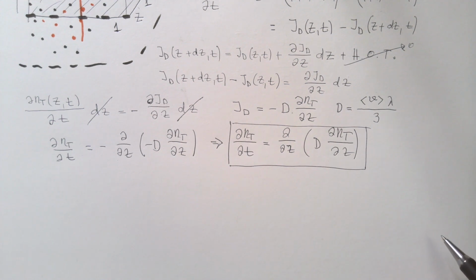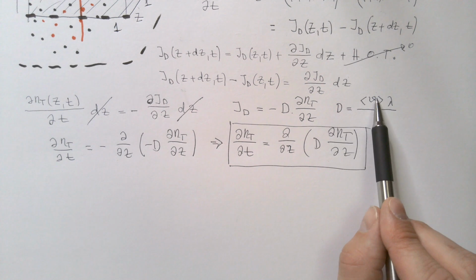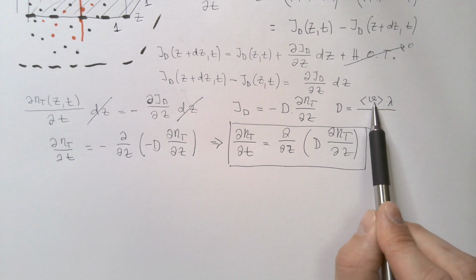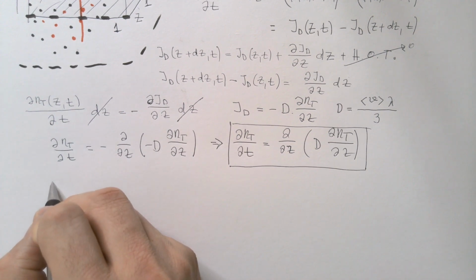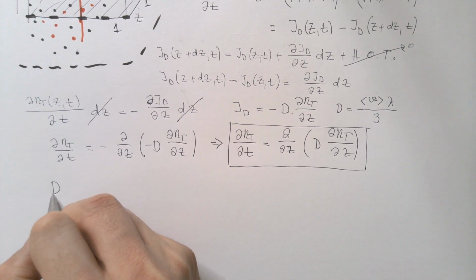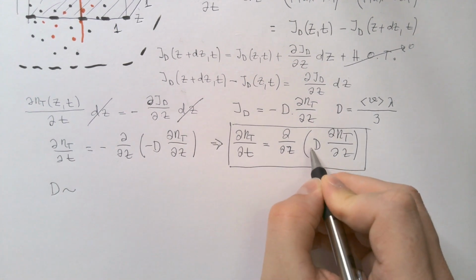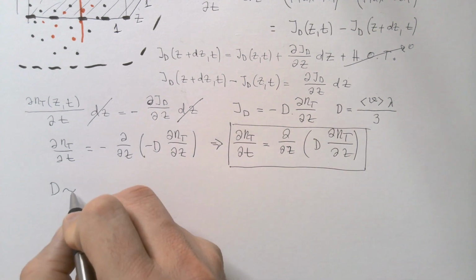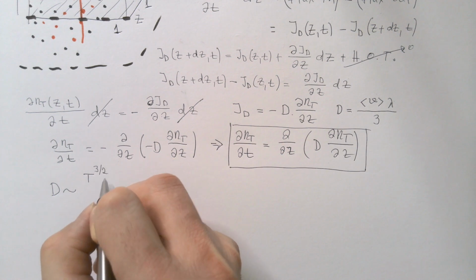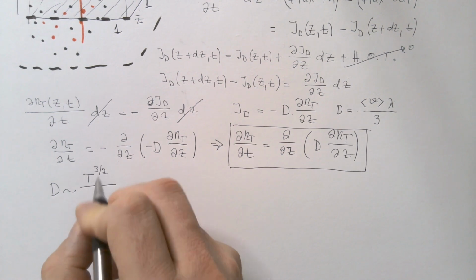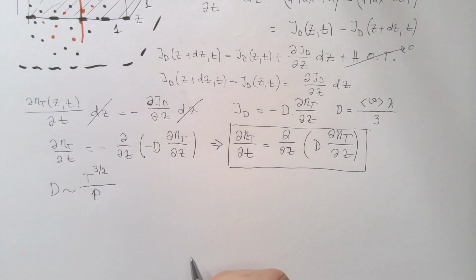And you will remember from my previous video that these quantities depend on temperature and pressure of the gas. And particularly, we discussed in my previous video that this d, coefficient of self-diffusion, is proportional to absolute temperature to power 3/2 and inversely proportional to the pressure of the gas.